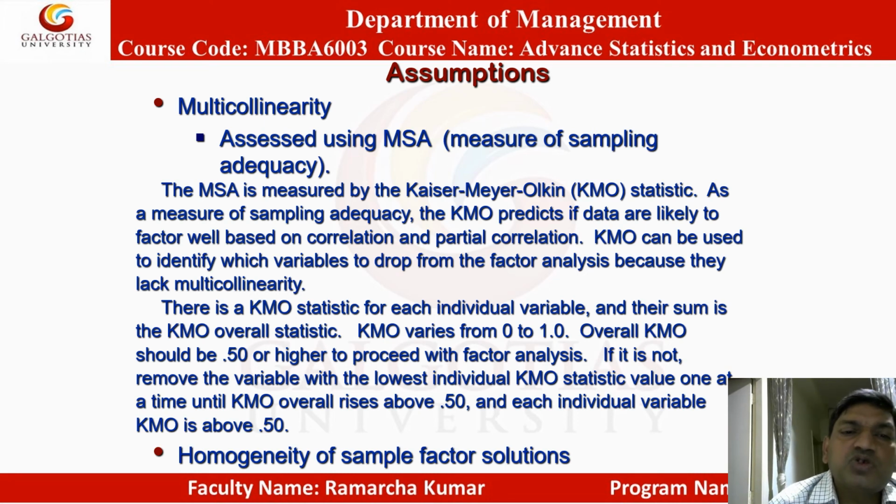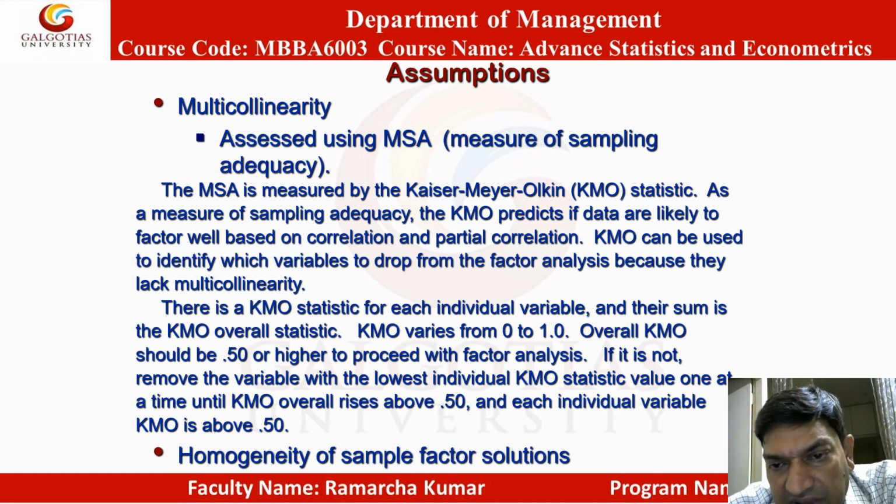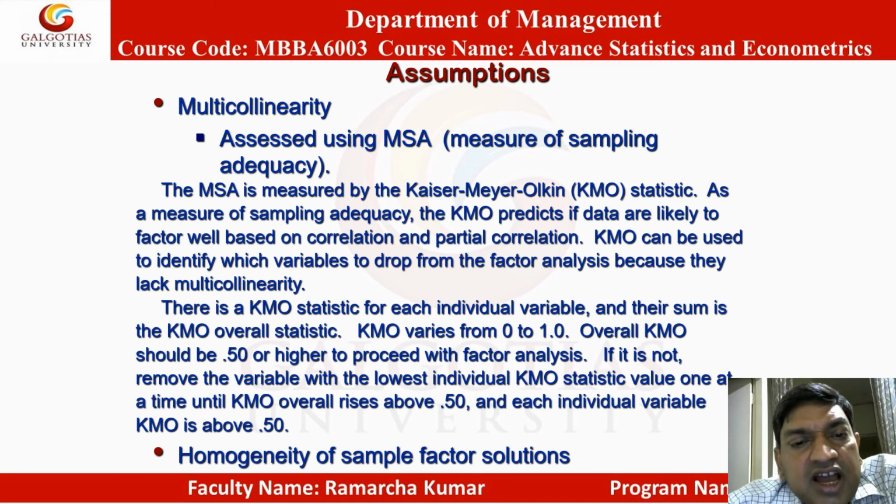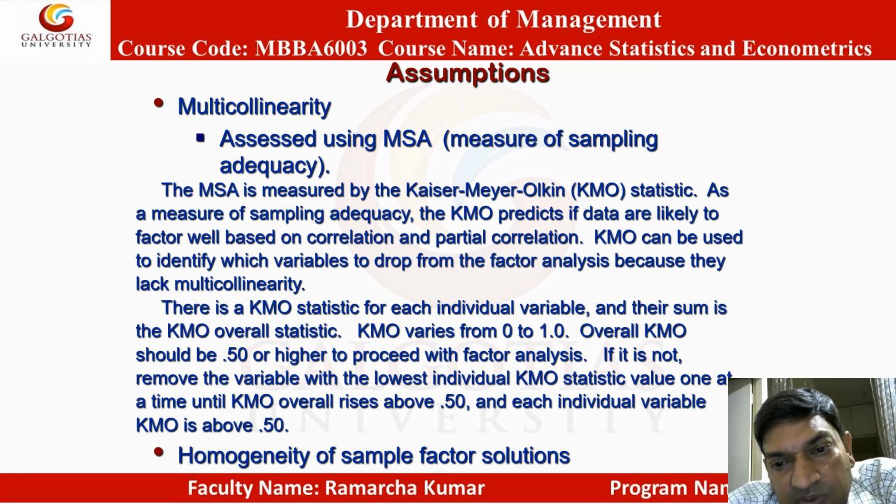Overall KMO should be 0.5 or higher to proceed with factor analysis. If it is not, remove the variable with the lowest individual KMO statistic value one at a time until the overall KMO rises above 0.50 and each individual variable KMO is above 0.50. Homogeneity of sample factor solution.